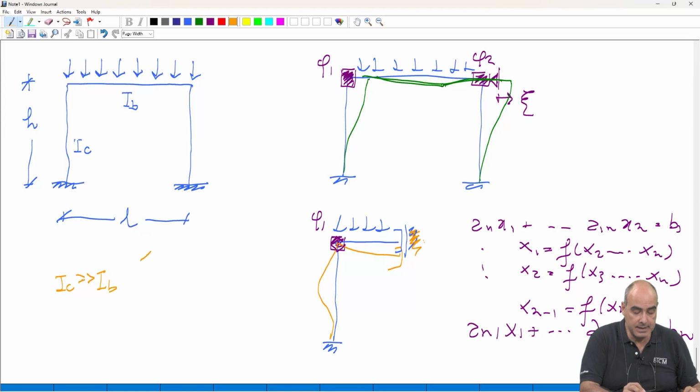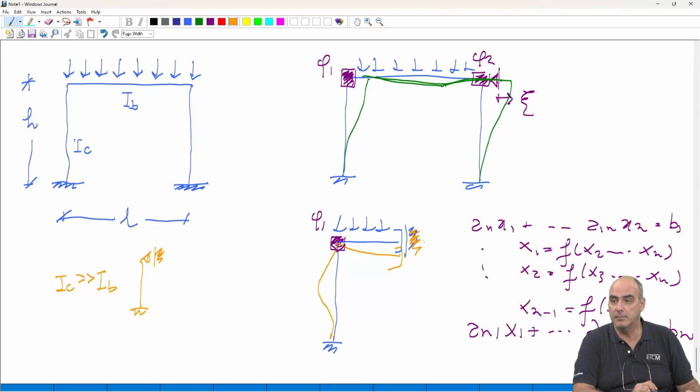So in this case, your column behaves like this. And the critical load is 2 pi square EJ over h square. Let's use this notation.